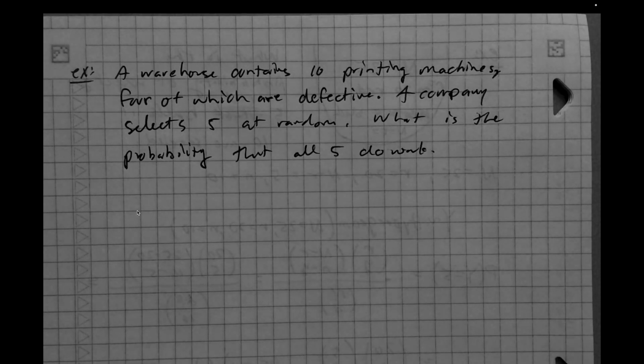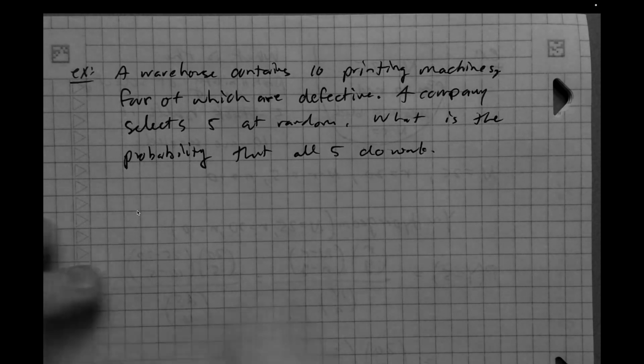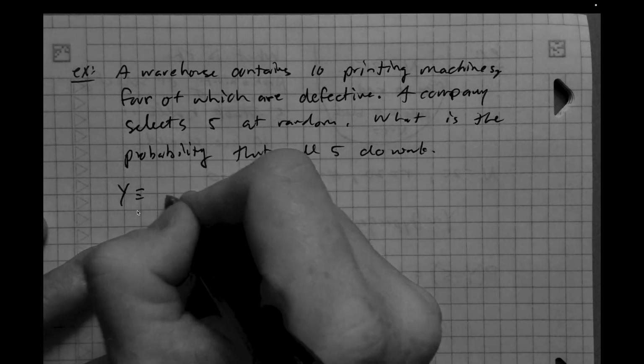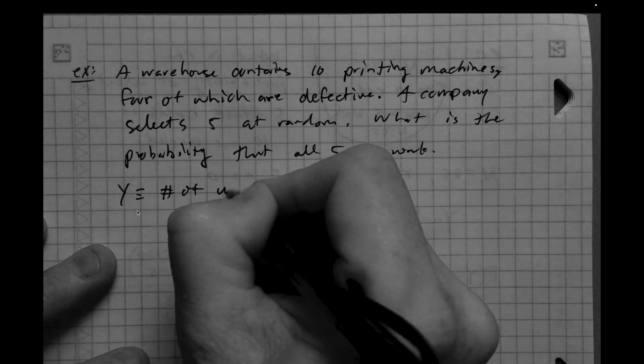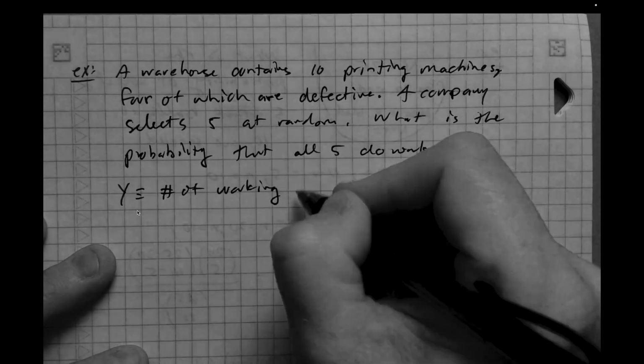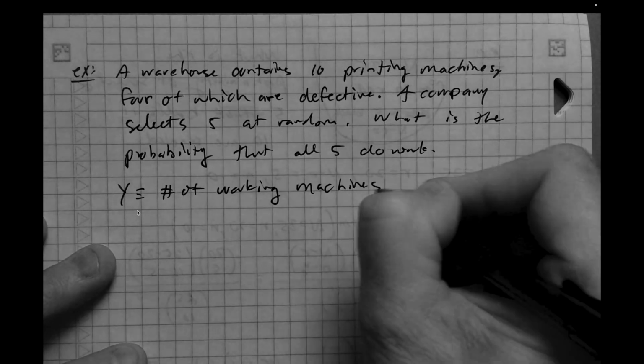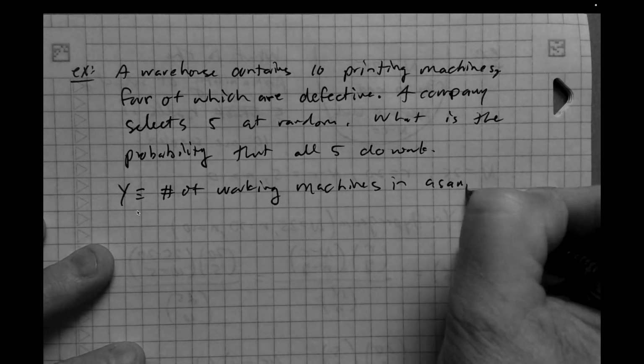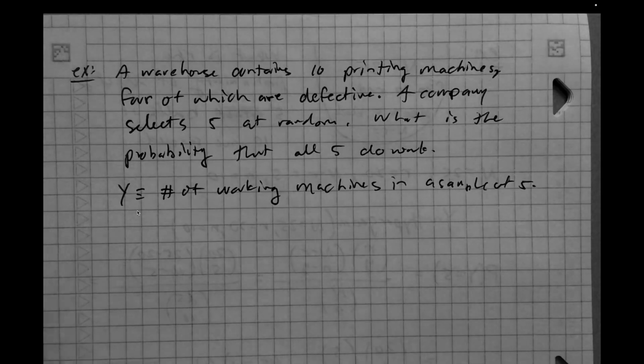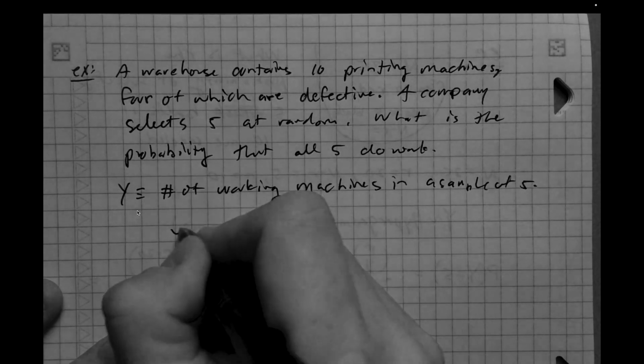All right, and so we'll let y be the number of working machines in a sample of 5. In this case, y is a hypergeometric random variable.